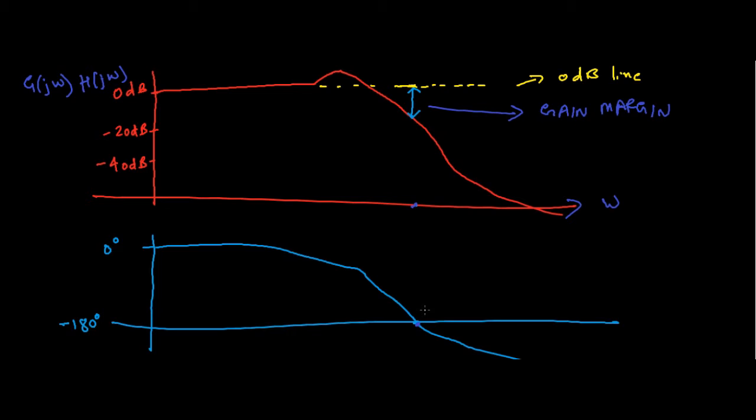Let's see one example so it will be clear. This is the Bode plot for G of j omega and H of j omega. Going by the definition of gain margin, we can write gain margin as 1 over the magnitude of G of j omega into H of j omega at omega equal to omega pc.